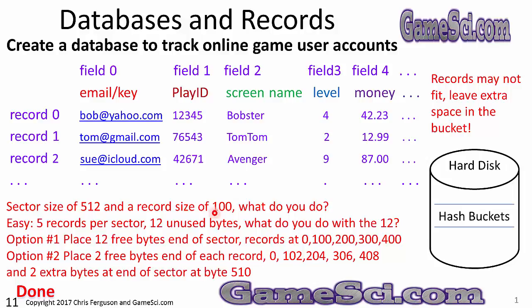Although we're only storing 100 bytes per record, we might want to assign a little extra data to that record, so we'll put 2 extra bytes and really do a record size of 102. Well, if we put 102 bytes into each sector, they will be located at byte 0, 102, 204, 306, 408, and we'd still have 2 extra bytes at the end of the sector at byte 512.